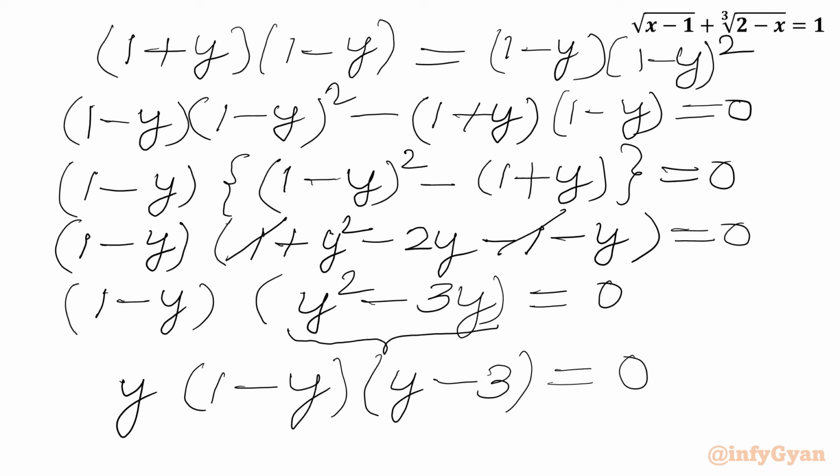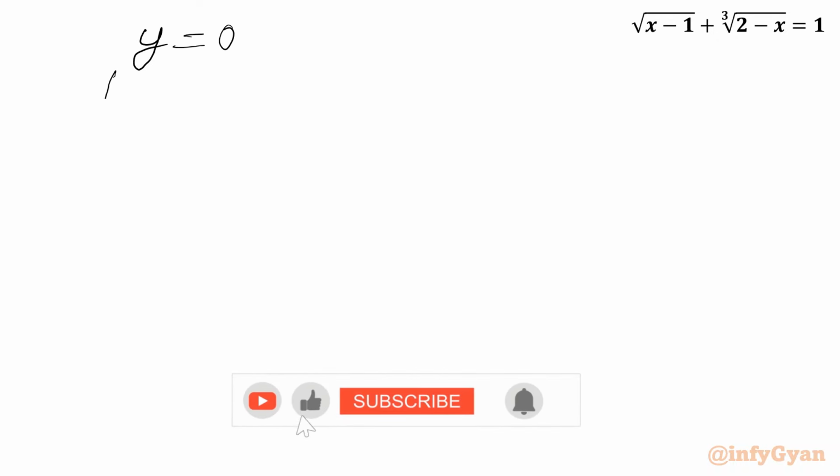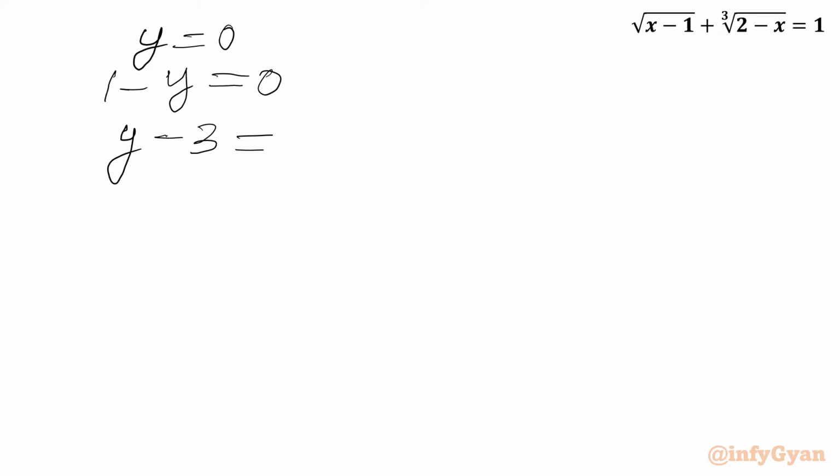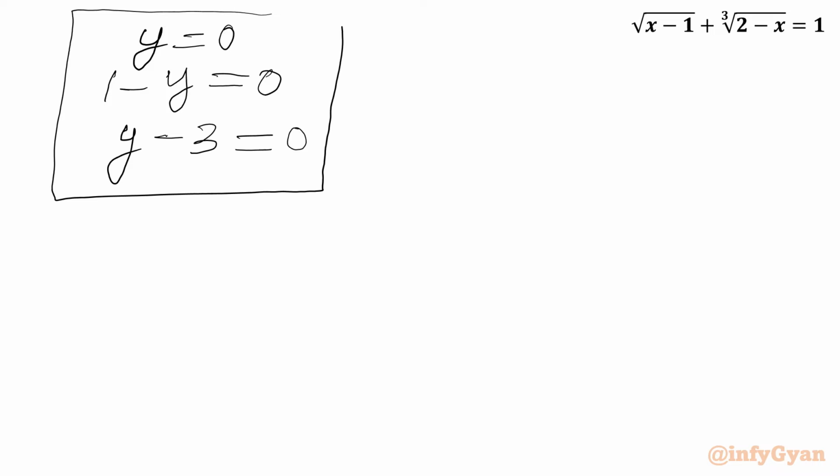Now we will apply the product 0 rule. So we can write either y is equal to 0, or 1 minus y equal to 0, or y minus 3 equal to 0. Now from the first equation, our first solution is y equal to 0.